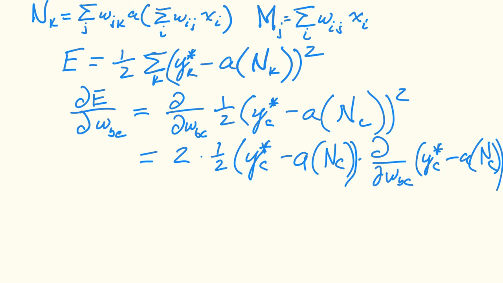Next, when we take the derivative of this internal portion here, y star c is just a constant that we've been given as part of our training data. So the derivative of that goes to 0. So this becomes a negative, and the derivative of this. And so we're going to move this negative back outside.